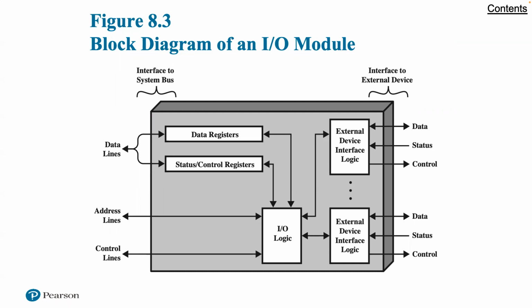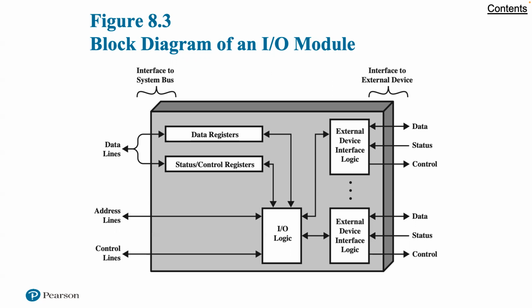Data transferred to and from the module are buffered in one or more data registers. There may also be one or more status registers that provide current status information. A status register may also function as a control register to accept detailed control information from the processor. The logic within the module interacts with the processor via a set of control lines.